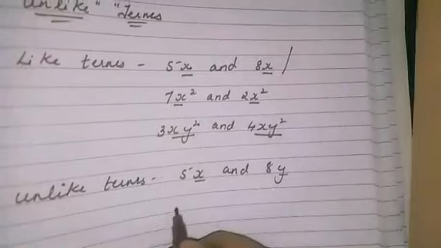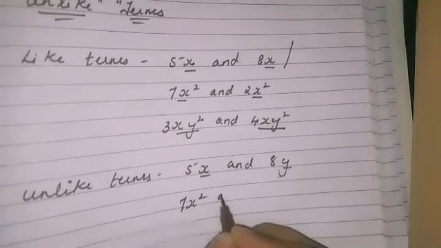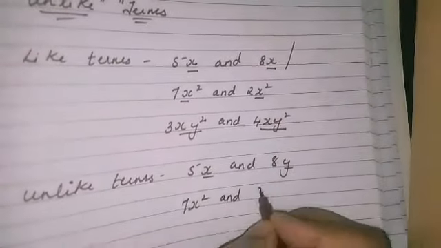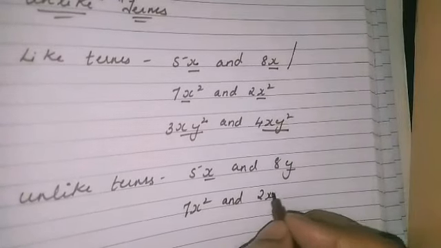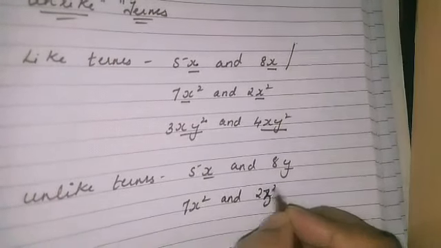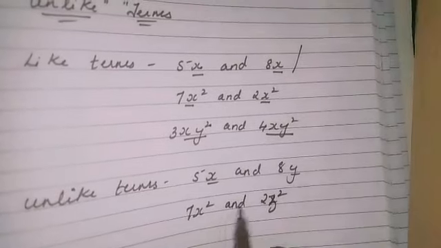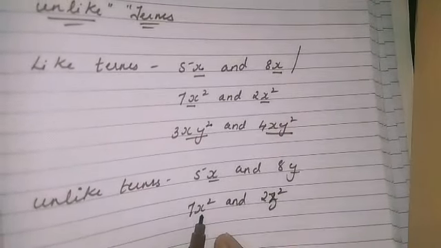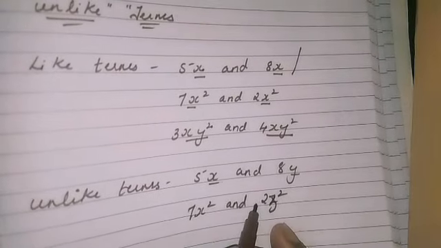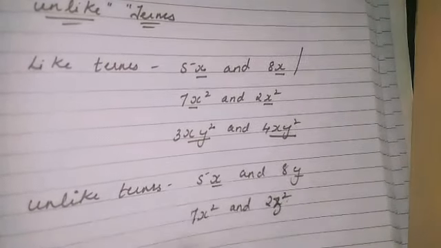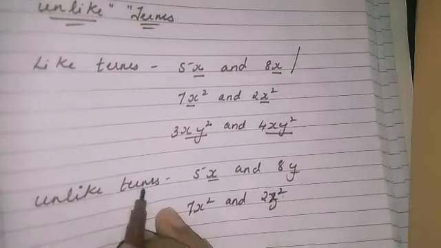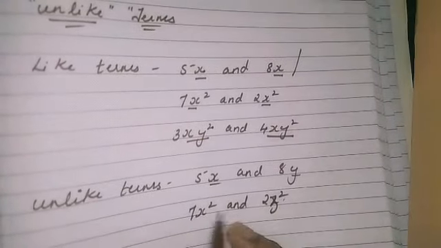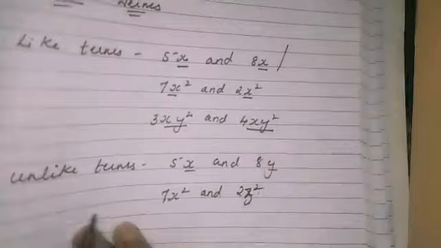I'll use this example now. 7x square, and instead of writing 2x square, I'll write it as 2z square. Again, the literal coefficients are different. For 7 the coefficient is x square, and for 2 the coefficient is z square. So this again becomes an unlike term because the literal coefficients are not the same.